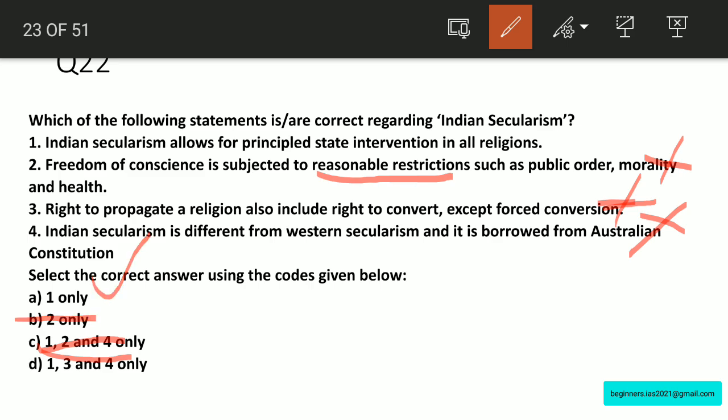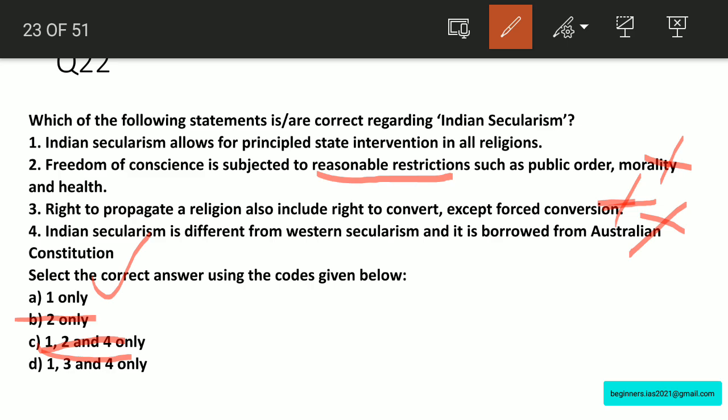Let us see. Here, the secular state must be concerned equally with intra-religious domination. What does it mean? It means Indian secularism has made room for, and is compatible with, the idea of state-supported religious reform.